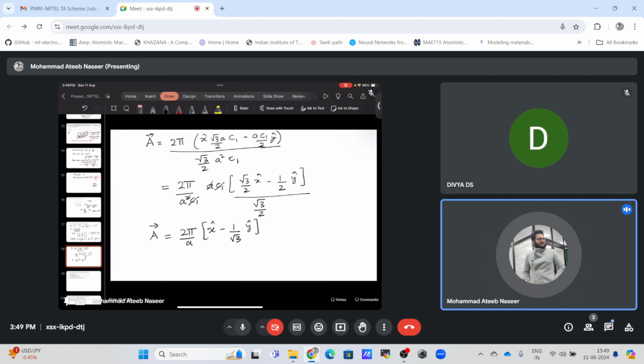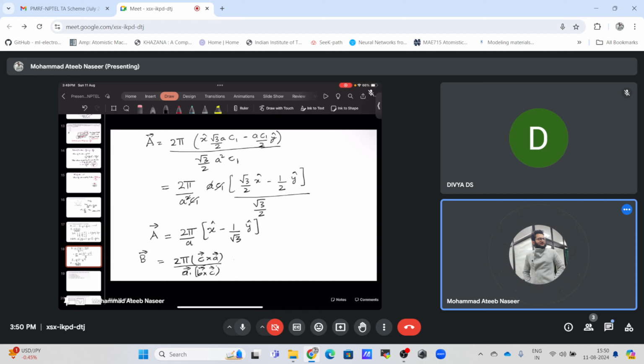Now the reciprocal lattice vector B is simply 2π/(a · (b × c)) times (c × a).